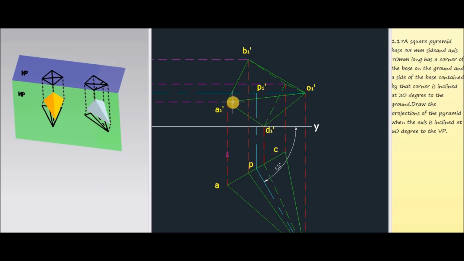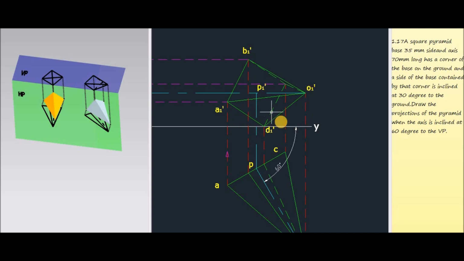That means A1 dash is obtained by joining A and A dash, B1 dash by joining B and B dash, O1 dash by joining O and O dash, D1 dash by joining D and D dash, like that. Then join all the base corners, then join all base corners with the vertex. Mark the outer edges which are visible from the front side as thick lines, and mark the back side edges which are not visible from the front side as dotted lines.